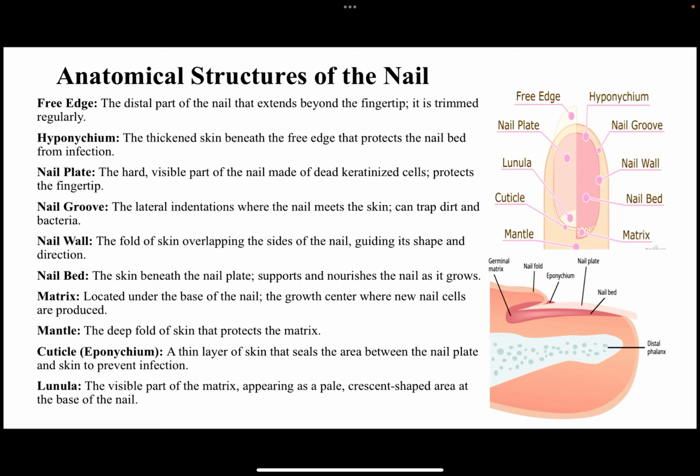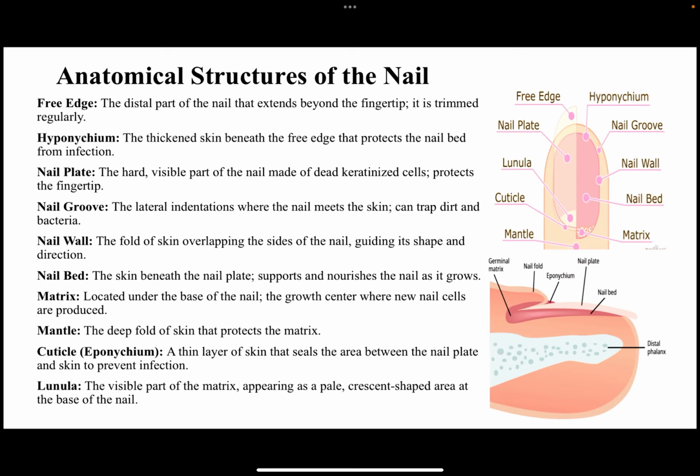We have the nail groove, the natural lateral indentations where the nails meet the skin. We have the nail walls, the folds of skin overlapping the sides of the nail, guiding its shape and direction.